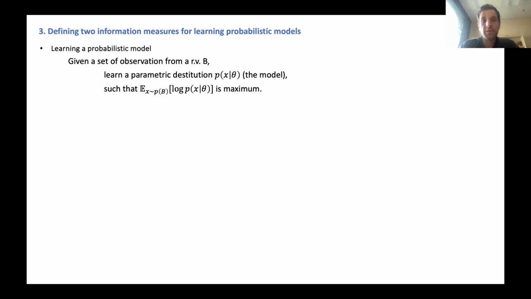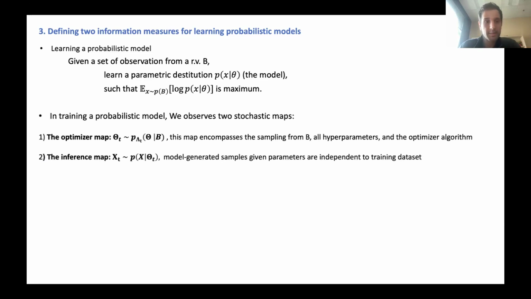So anytime your model is a distribution, we can have this sort of machinery that I'm going to show you. In the training of a probabilistic model, you observe two stochastic maps. The first one is the optimizer map, a stochastic map. This is the choice of hyperparameters, the choice of optimizer, the way that you sample your data. I don't know, you oversample, you augment data, whatever you do, that's a package, that's your training strategy.